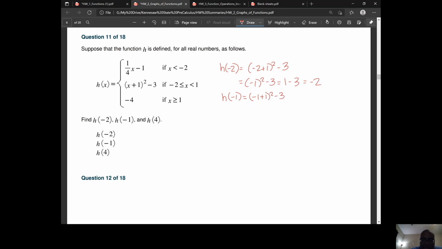Same form, same type function. -1 plus 1 is 0. So that's -3. And h of 4 falls into this interval. So the answer is -4. Put boxes around these so we can find them.